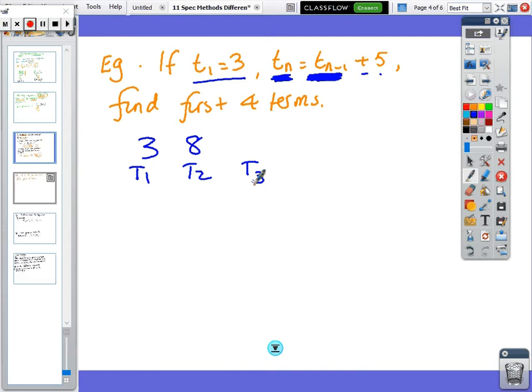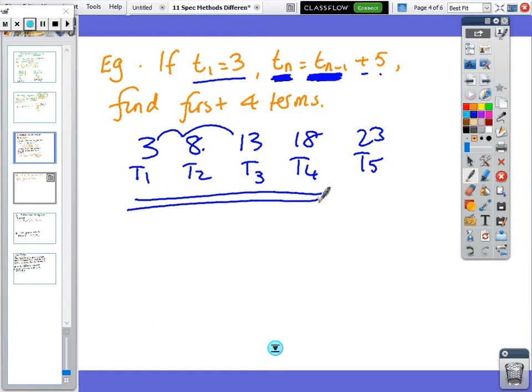Okay, next term, T3, to get the third term, take the second term, which is 8, and add 5. So straight away you can see what's happening. It's just going up by 5s. So find the first 4 terms. So the first 4 terms are that. So once you get the pattern going, you don't have to keep going back to the formula. Okay, so copy that and come across.